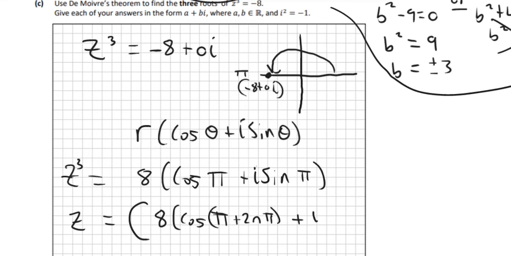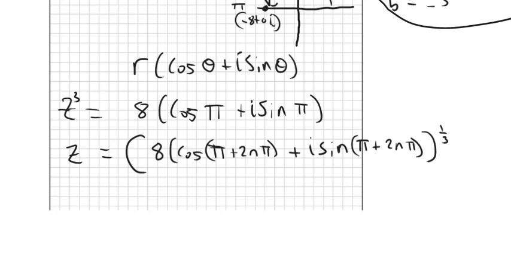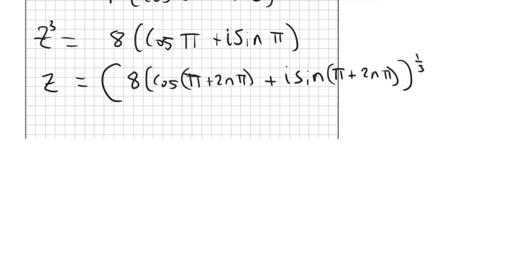So plus I sine pi plus 2n pi, and that will be all then to the power of 1 over 3, because we're bringing across that cube, because we want to know what Z is.